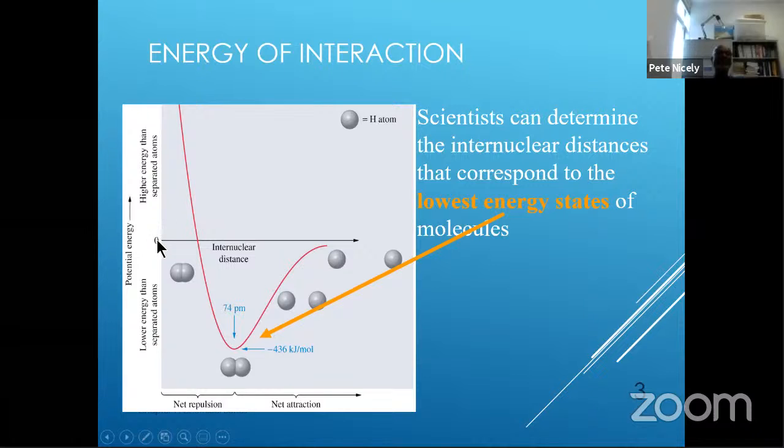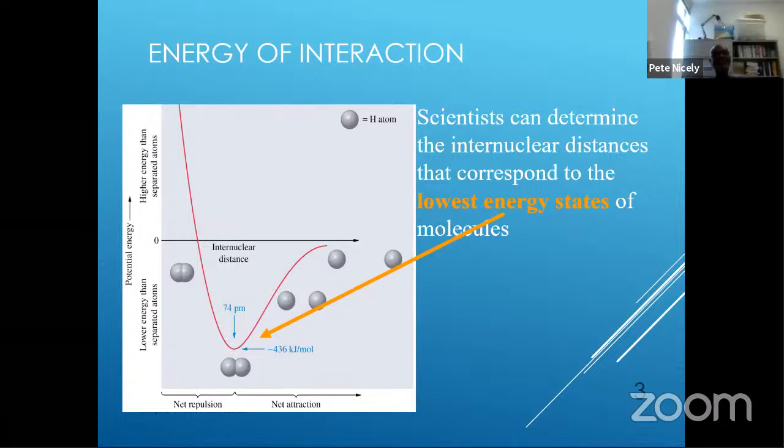Above the 0 point represents a situation where energy is used to separate the atoms, and below here is where the energy is used to compress the atoms or force the atoms closer to each other.